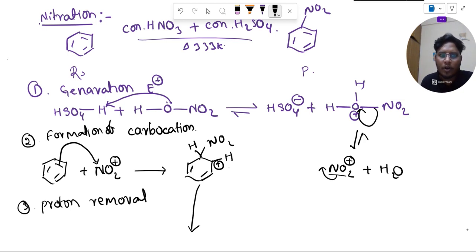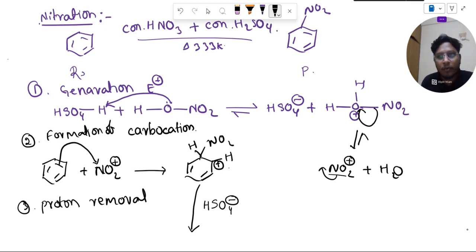A proton can be removed when there is a base. In the reaction itself we have HSO4 minus, which is formed from the acid H2SO4.